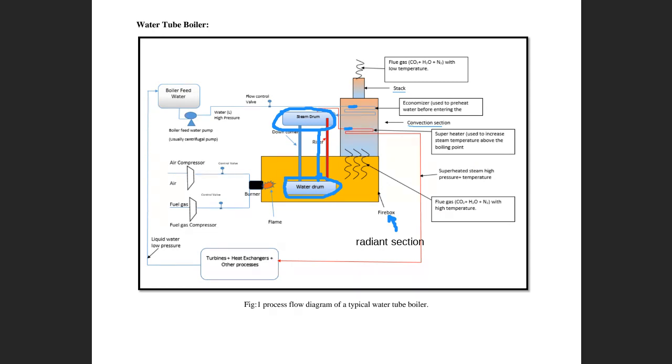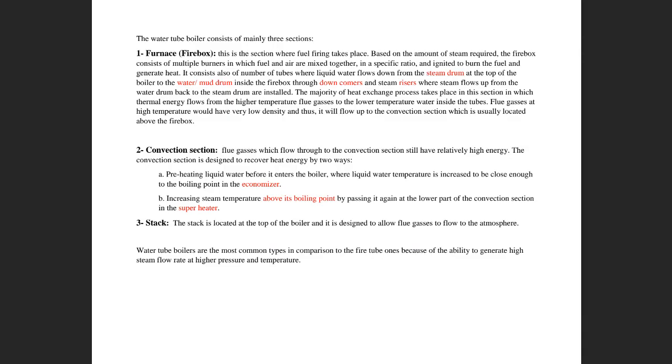And we explained that we want to recover the heat in the convection section. So I believe that I explained this in here. If you read through this, it's designed to recover heat energy.